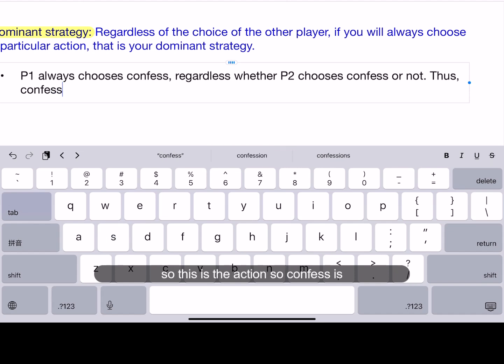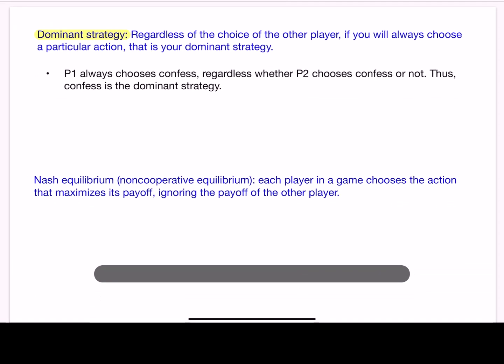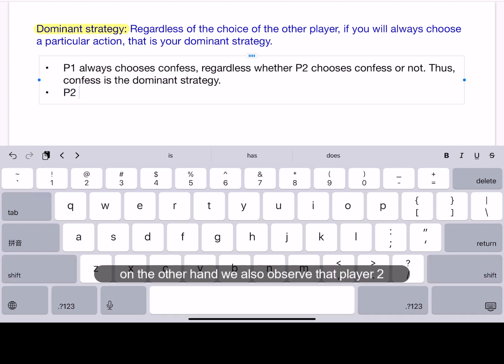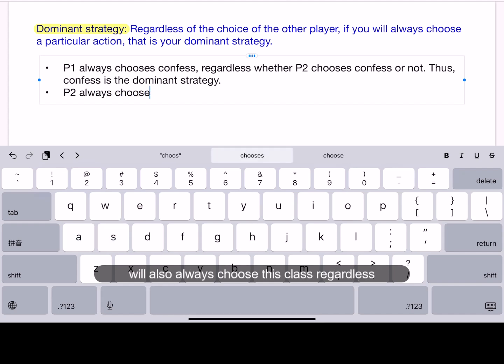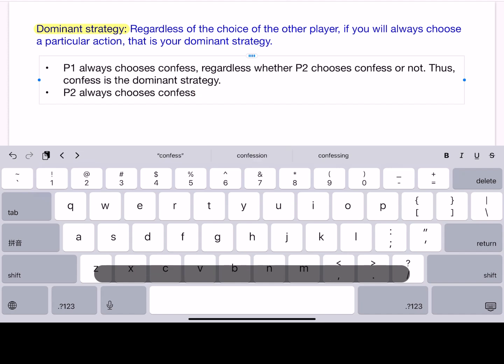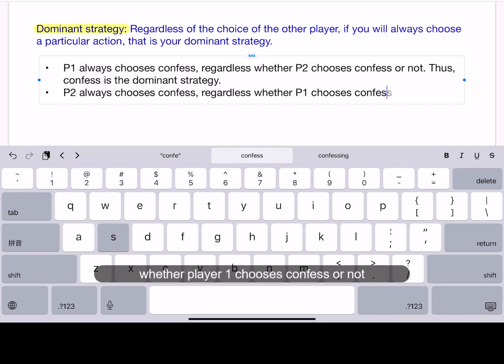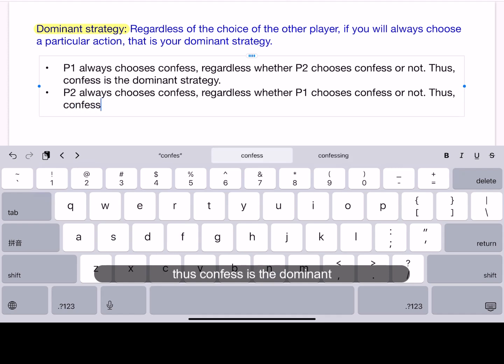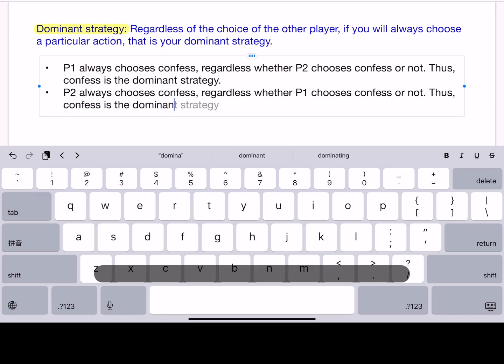So confess is the dominant strategy. On the other hand, we also observe that player 2 will also always choose confess, regardless of whether player 1 chooses confess or not. Thus, confess is the dominant strategy.